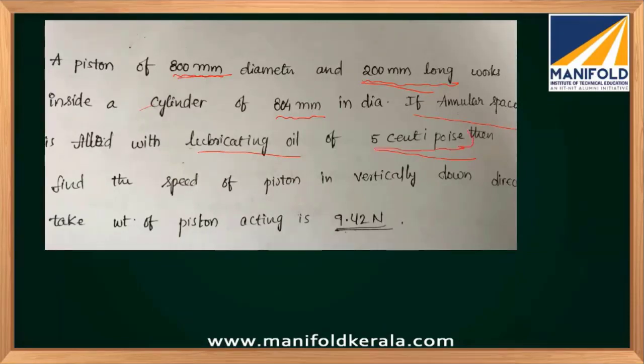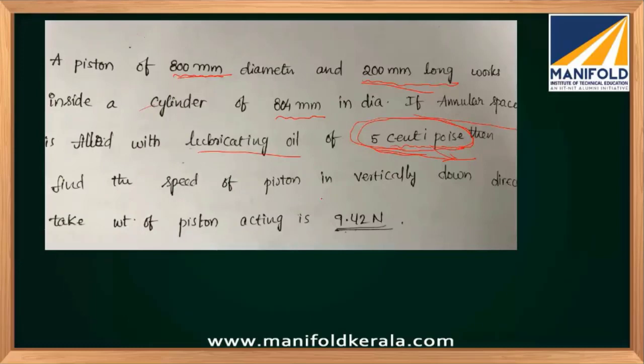Centipoise. What is centipoise? Is it a kinematic viscosity or a dynamic viscosity? Poise is always a unit of dynamic viscosity. 5 centipoise. We know how to convert poise into Newton second per meter square. Centi is 10 power minus 2. We need to convert it into SI unit. Please do remember this.